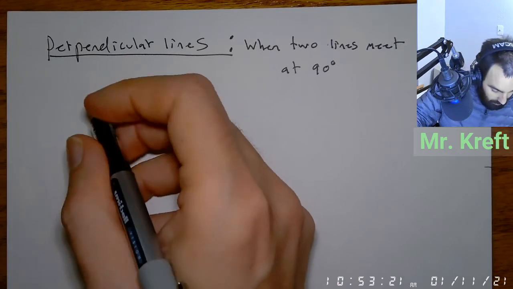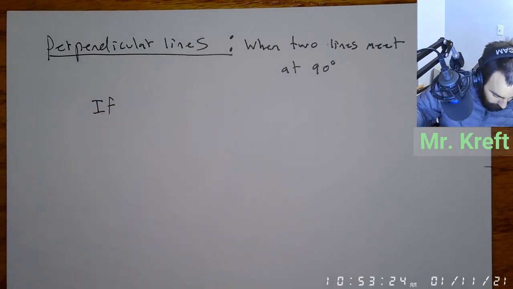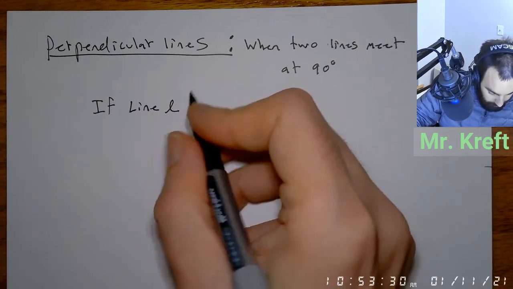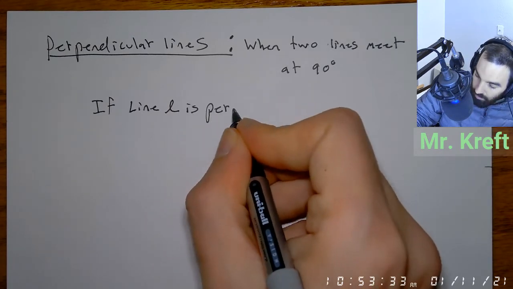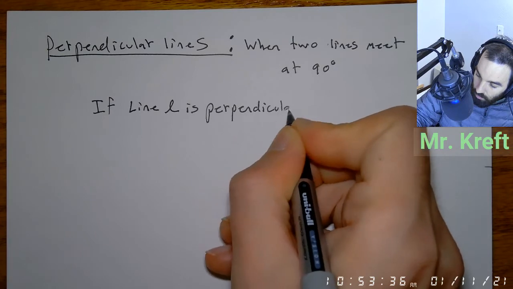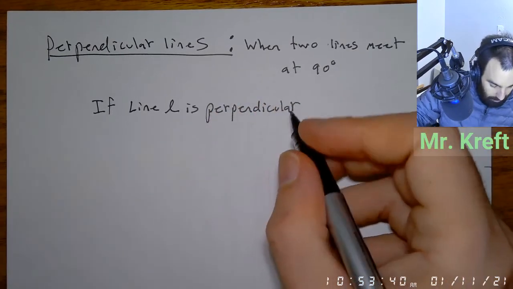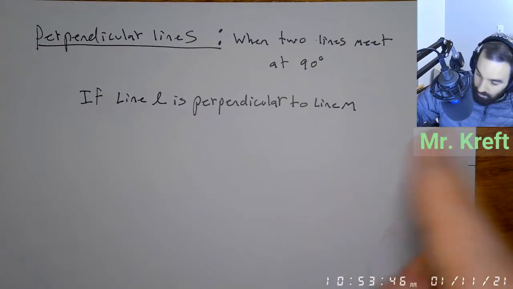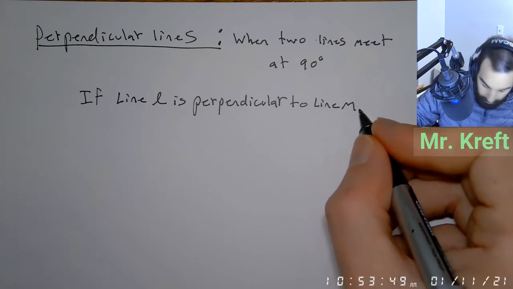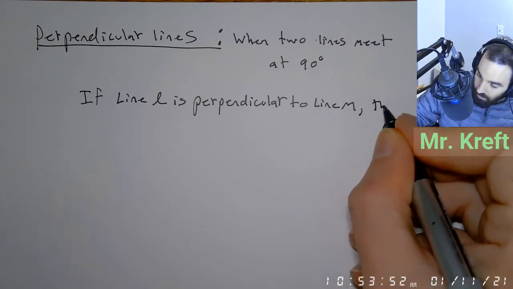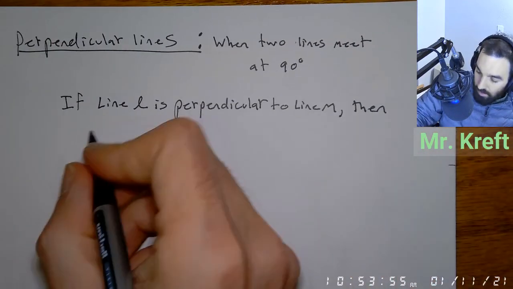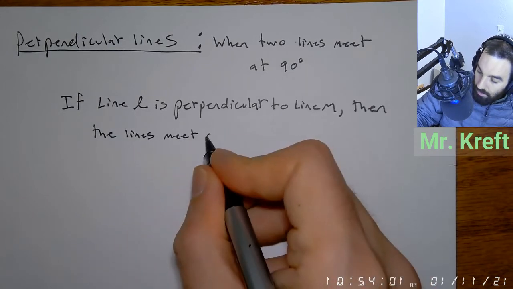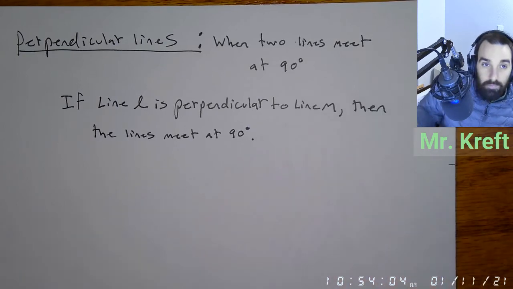So the way that this works is we can say, if line L is perpendicular to line M, then the lines meet at 90 degrees.